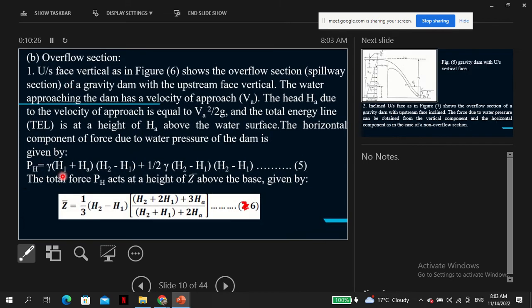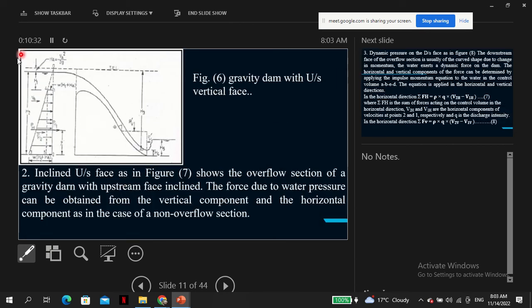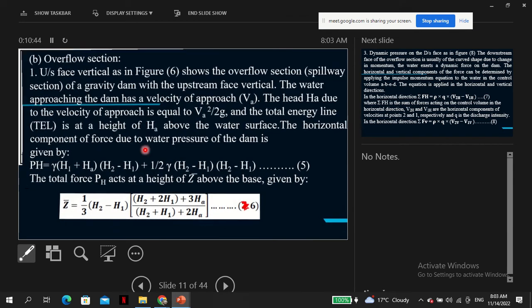So H, and then HA, you have to add because that's the energy, the additional height due to the kinetic energy of the water.